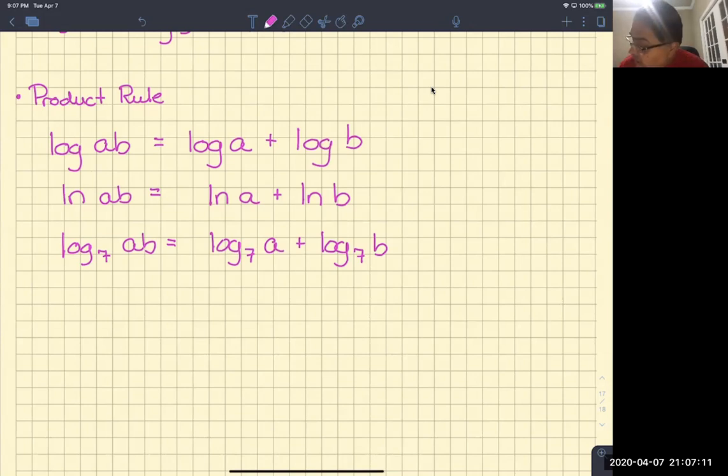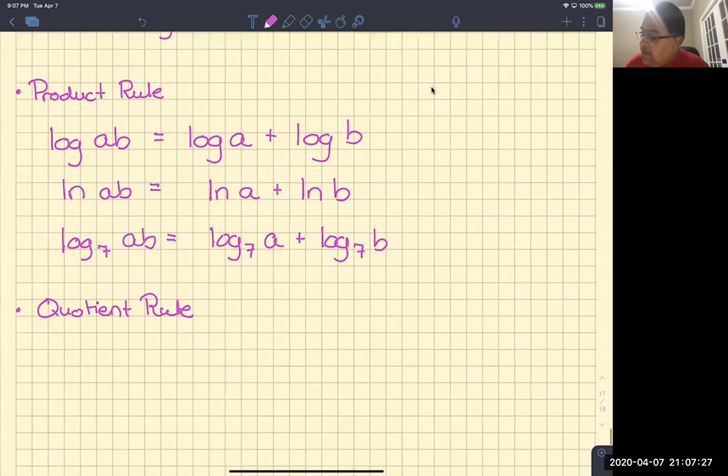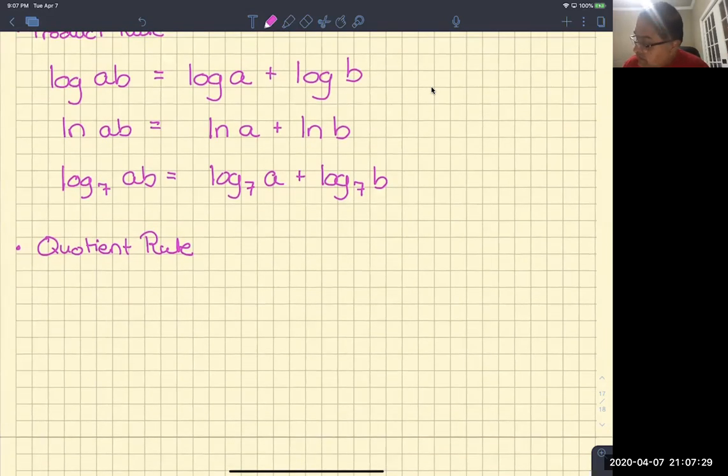The second one is the quotient rule. The quotient rule says the log of a fraction is equal to the log of the numerator minus the log of the denominator.